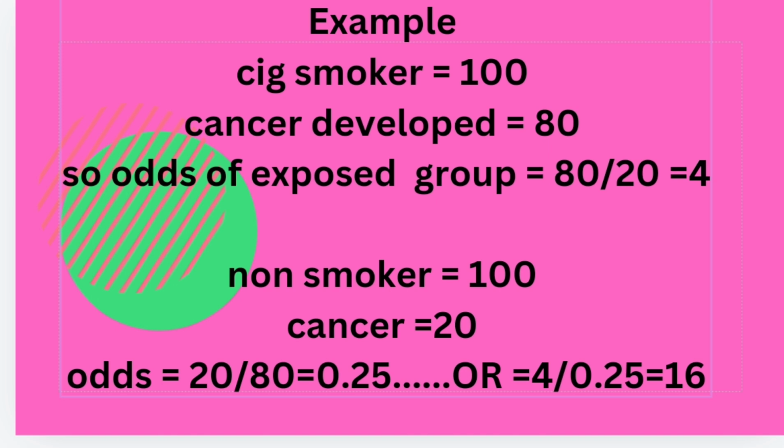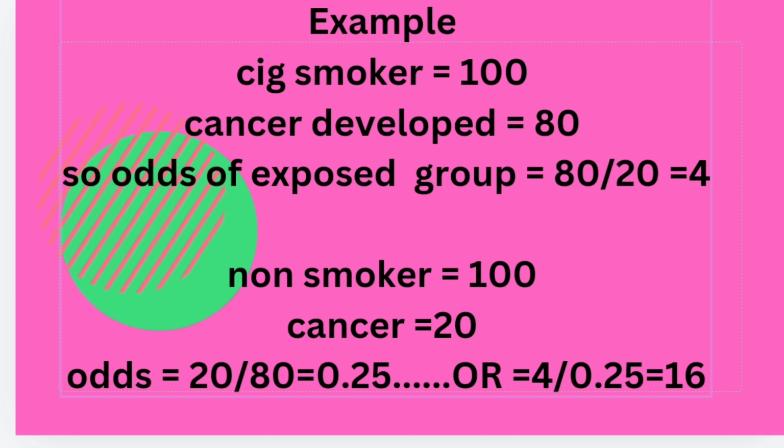While in relative risk, we do not subtract. We keep the total number of people as the denominator. Then we found that 20 people with lung cancer, when we traced them backward, were not exposed. So for cancer in the non-exposed, what are the odds? That is 20 divided by 80. So this is the odds of developing cancer in the non-exposed group.